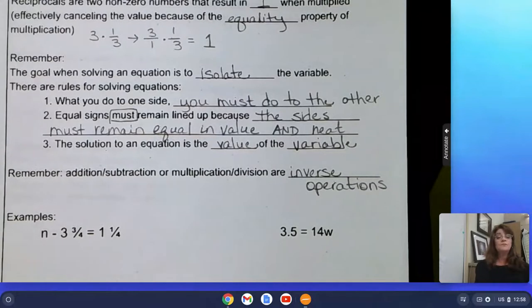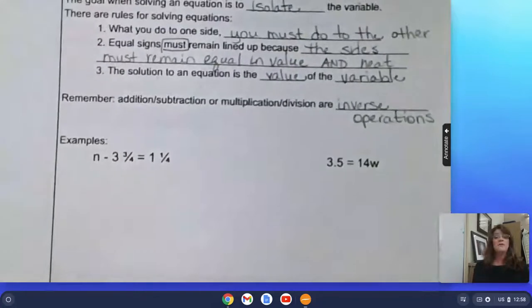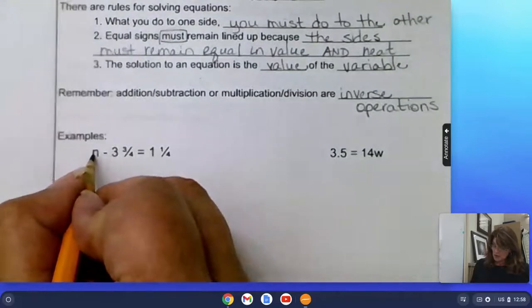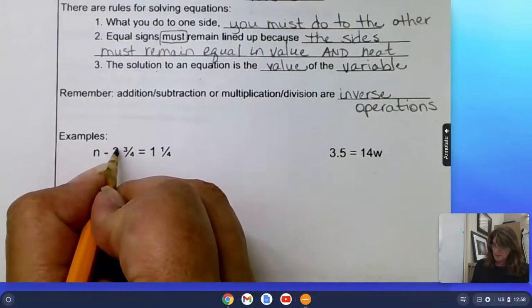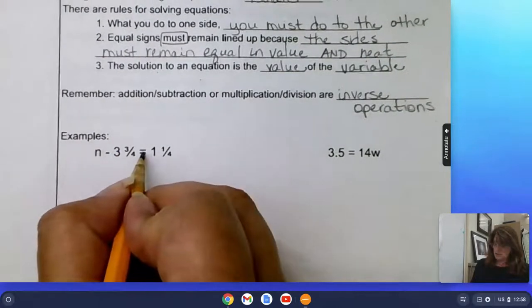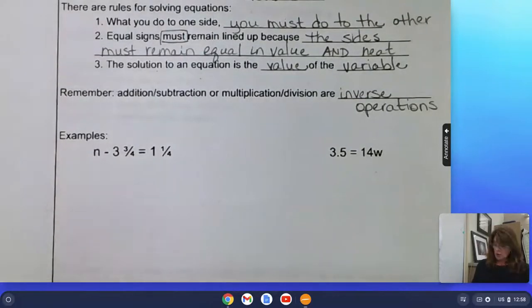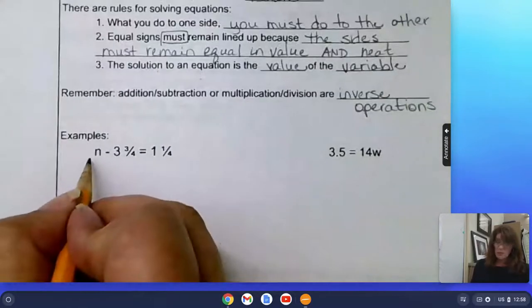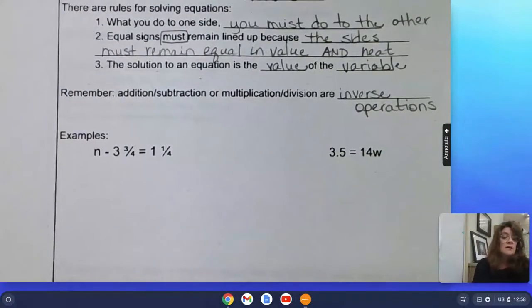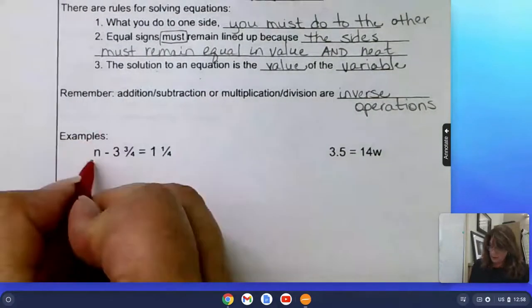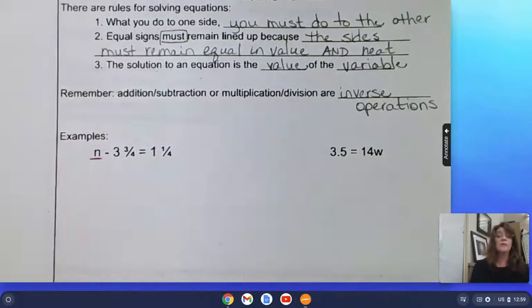Now, examples. Okay, I can say, oh, remember when we, but it's much better if we actually look at a couple of examples. So here we have n minus 3 3/4 equals 1 1/4. Our goal, as always, is to isolate n. Okay, we need n to be by itself.